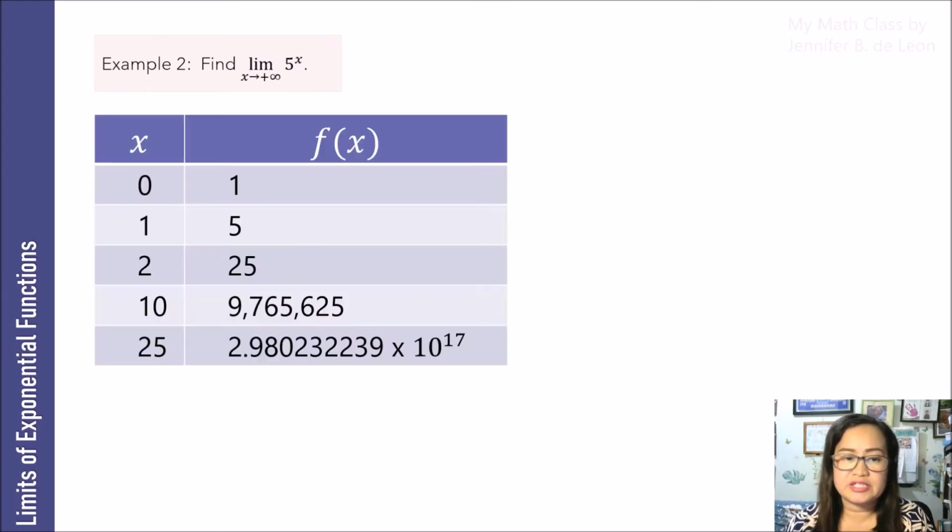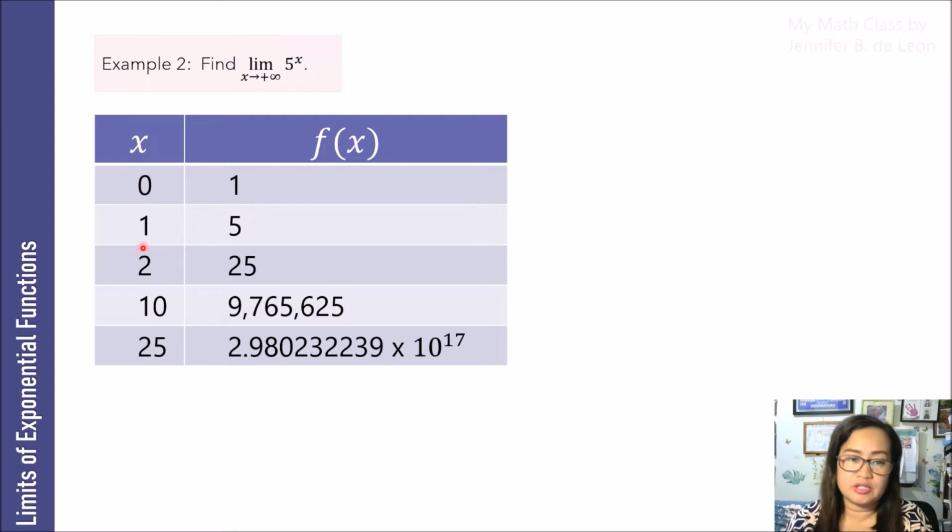So let's have the values of x increase without bound. We choose 0, 1, 2, 10, 25, and so on. We can have the value of f of x accordingly. If x is equal to 0, we will have f of x equal to 1.